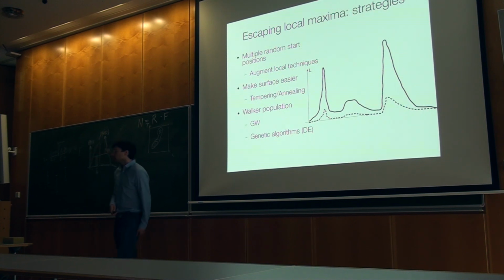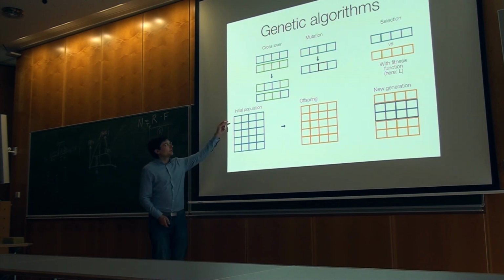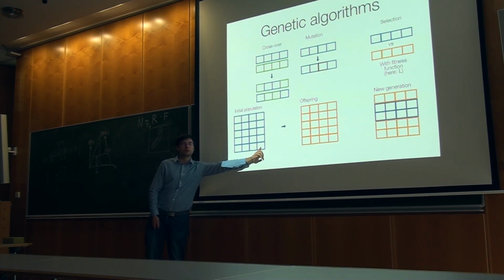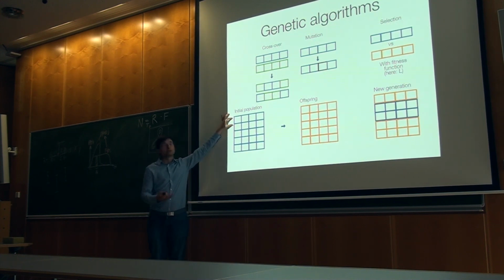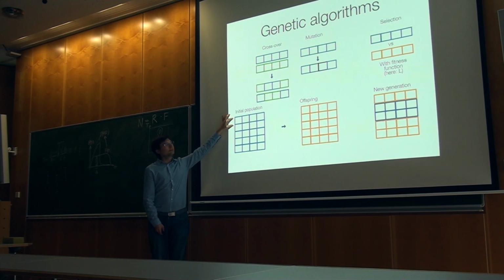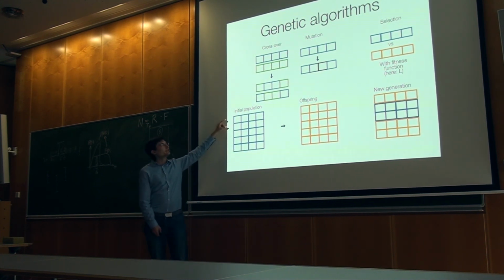Here I want to mention another algorithm for optimization, which are genetic algorithms. In genetic algorithms, you again have a whole bunch of walkers, so initial population, and this is the first parameter, second parameter, third parameter, fourth parameter. And the idea is that this object, this individual, now we interpret the components, its parameters, as genes.